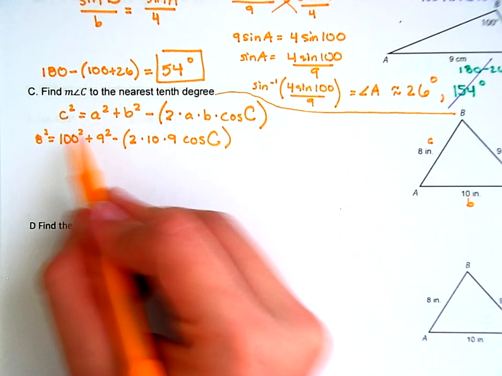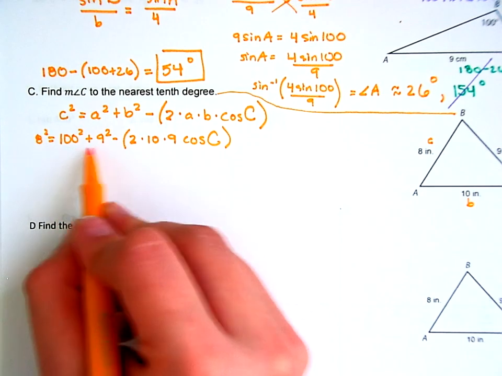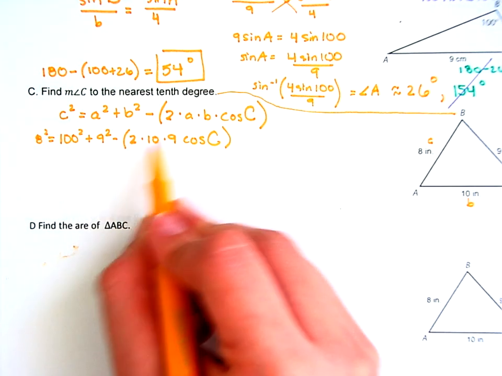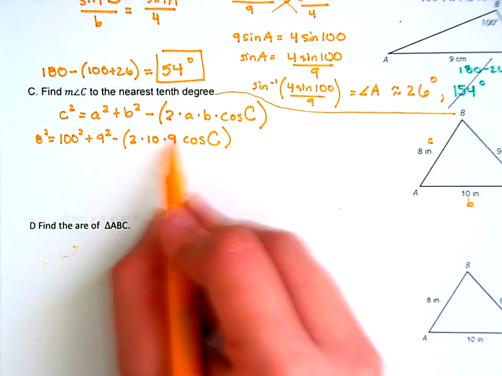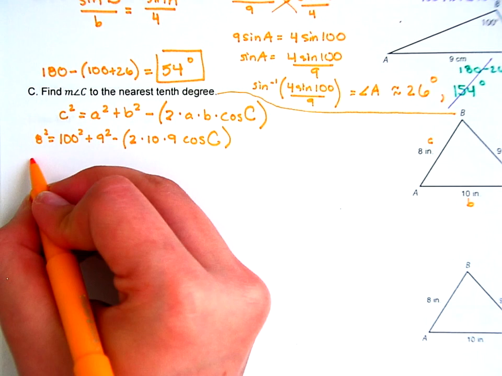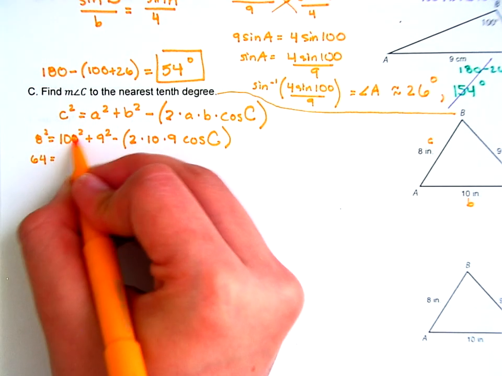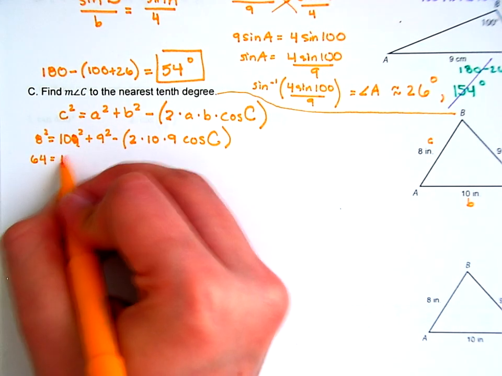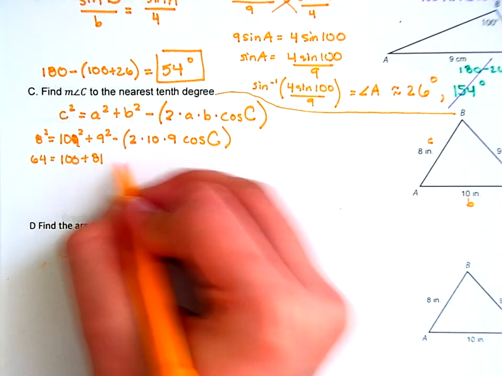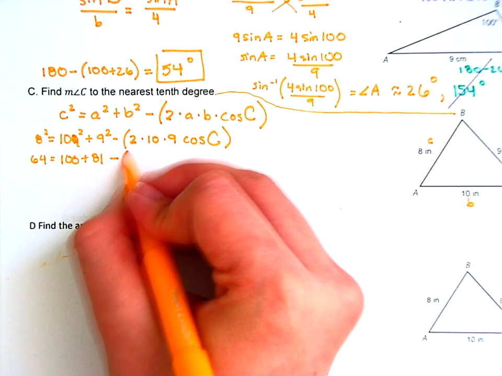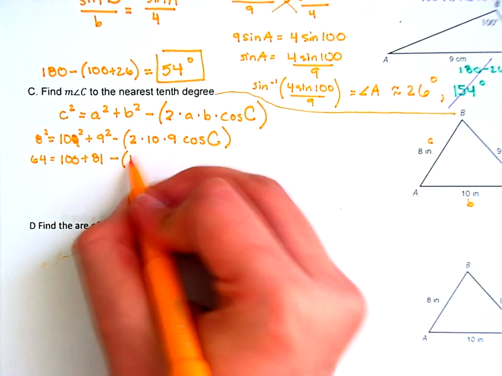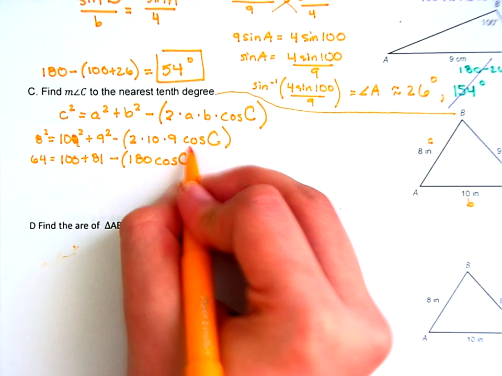I'm going to square each of these numbers, add these two, make sure to keep these separate. These are one whole number right here in the parentheses. So I've got 64 equals, this should have said 10 squared, not 100 squared. So now it's 100 plus 81 minus, and then in the parentheses I have 180 cosine C.